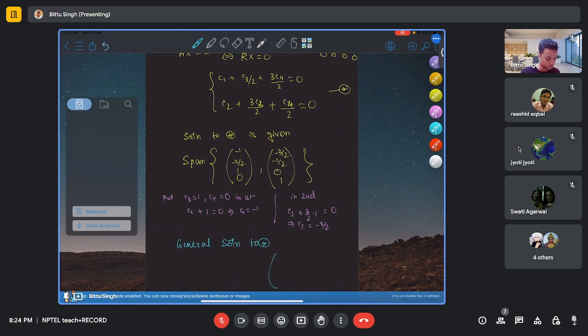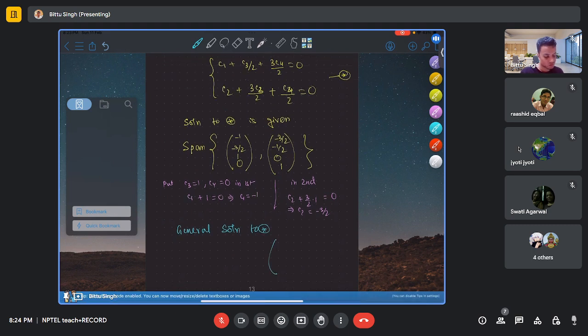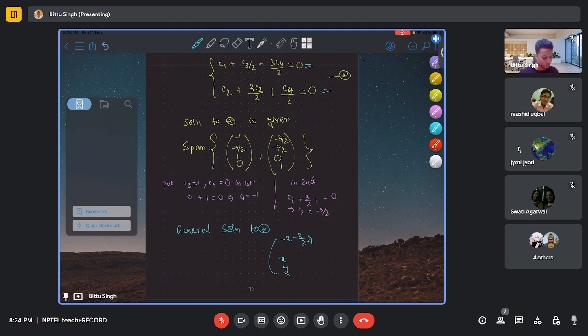We have chosen those C3 and C4 are independent, so we can put C3 to x and C4 to be y. Then solving this will give C1 equal to minus x minus 3 by 2 y. Similarly, solving this equation, it will give C2 equal to minus 3 by 2 times x and minus half times y.